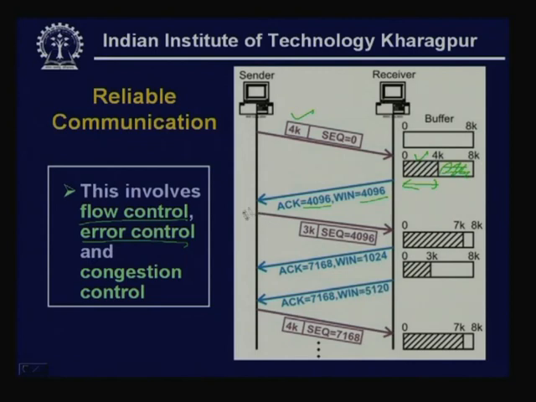Now, if the sender has 3 kilobytes of data to send, then it can send it starting with sequence number 4096, which is the beginning of that octet, and as it reaches the destination, as you can see, 4 plus 3, 7 kilobytes of buffer gets filled up. Now, it sends an acknowledgement with acknowledgement field 7168, that is the beginning of the sequence, and window size 1K because this is the window size available at the receiving end.